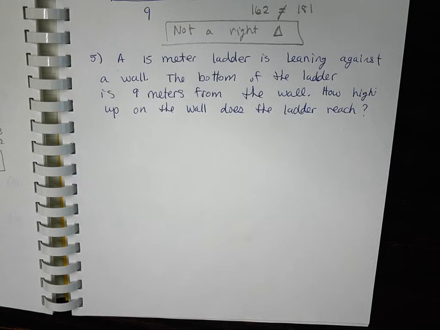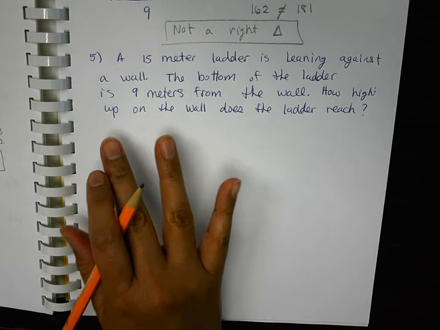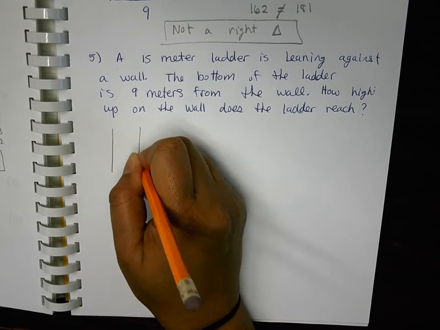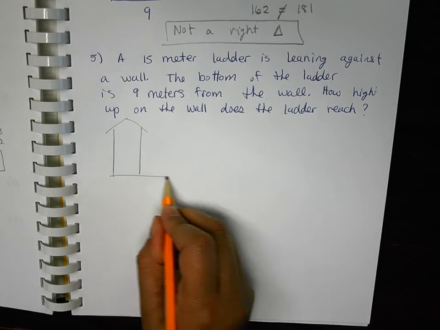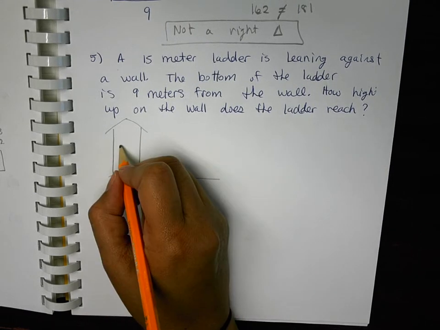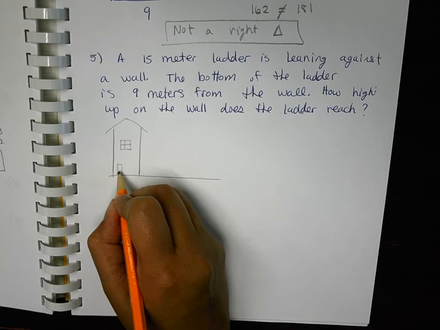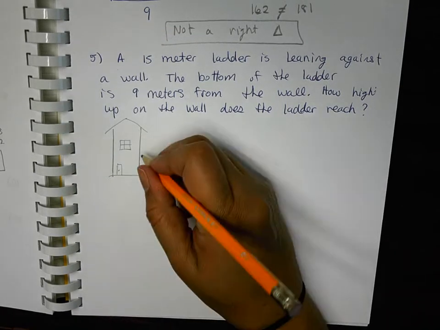Okay. First thing we should draw is our picture. It doesn't matter if you draw your house here or here. I'm just going to put the house here. All right, there's our house. Okay, the ladder is leaning against it.